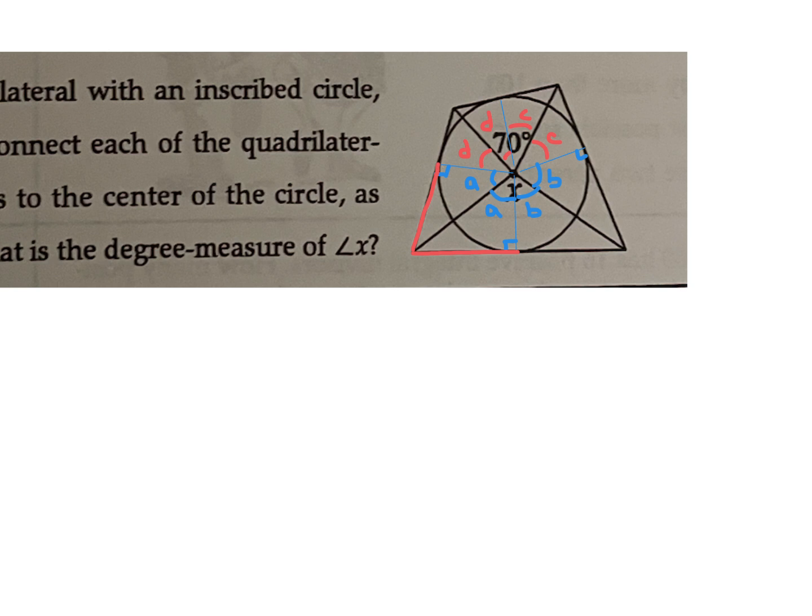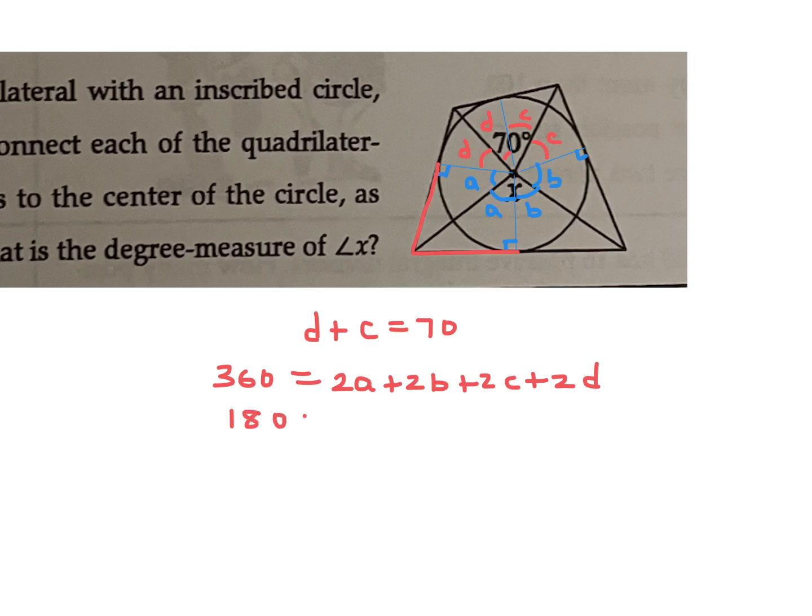Now, the only thing we can figure out initially is that D plus C is 70. That's what they gave us. But we know that if we took all the angles all the way around, 2A plus 2B plus 2C plus 2D would equal 360.